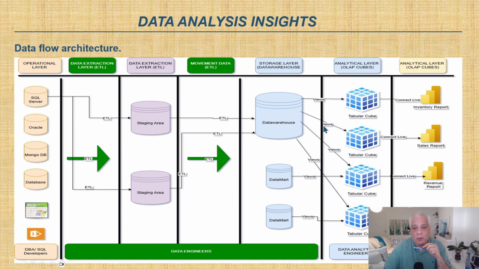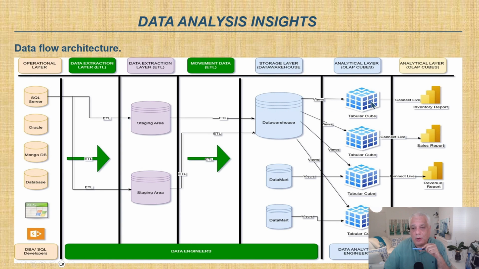Inmon process, we are going to have a full complete data warehouse from the Inmon perspective, or we are going to have small data marts, and once we have all data marts, we are going to create a data warehouse following the Kimball process.